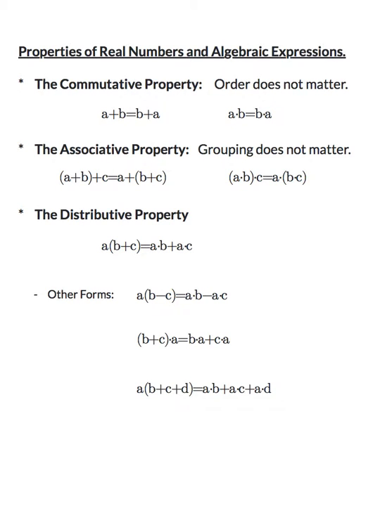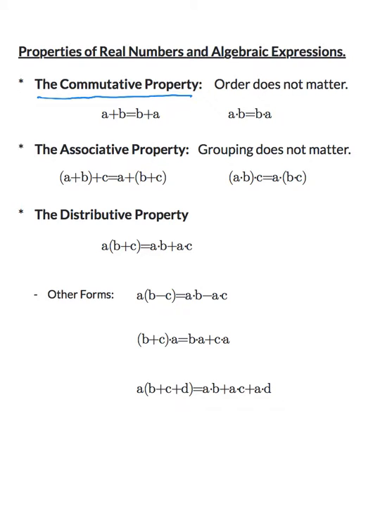So we've talked about some of the properties of real numbers, and these properties still apply to algebraic expressions. In the first chapter, we talked about the commutative property. Remember that the commutative property states that order does not matter. You can add numbers in any order, you can multiply numbers in any order, and now we can add and multiply terms in any order.